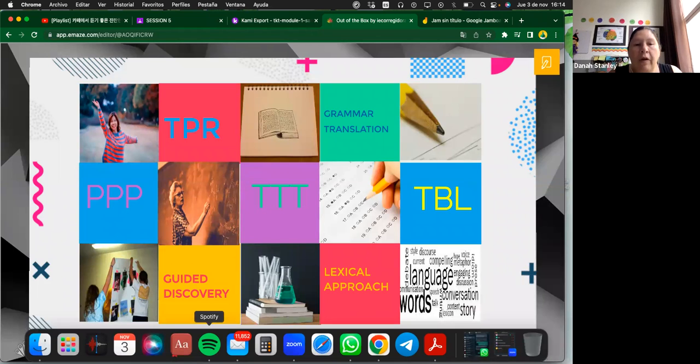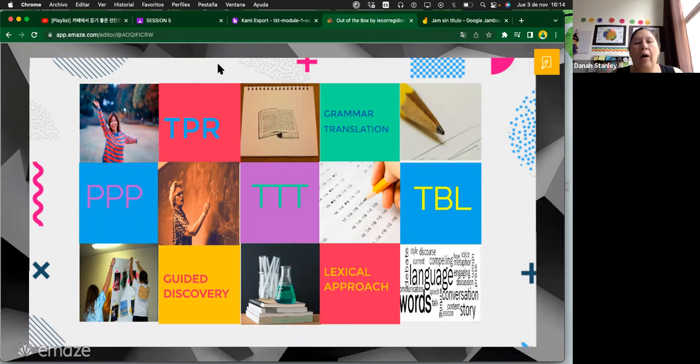Do you know something about these methods and approaches? Well, PPP. It's like the very typical, no? Yes, yes, miss. Which one do you know? And which one do you use?